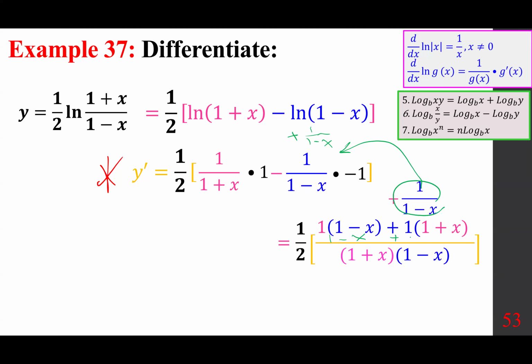Over here, we have 1 plus x. Obviously, these two cancel each other, and we get 2, and the 2 cancels out the 1/2. So the numerator is 1. What is the denominator? The product of these two, or 1 minus x squared.